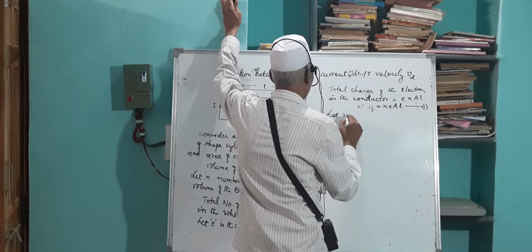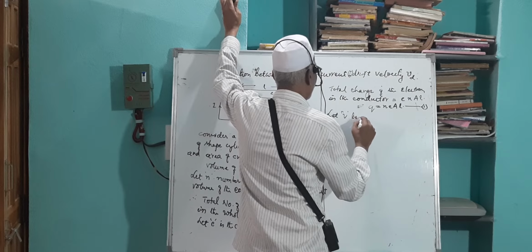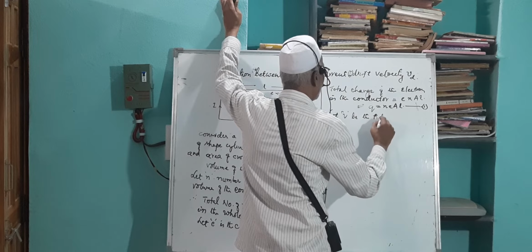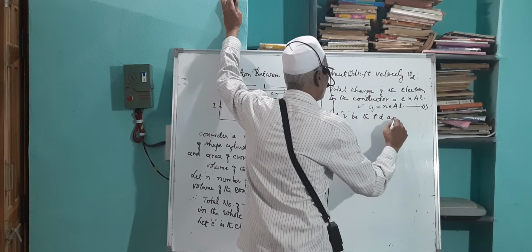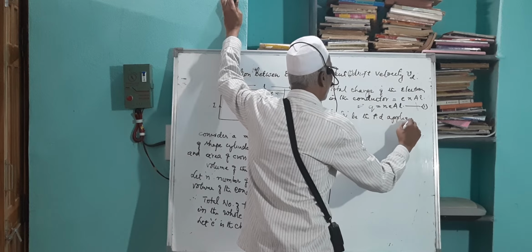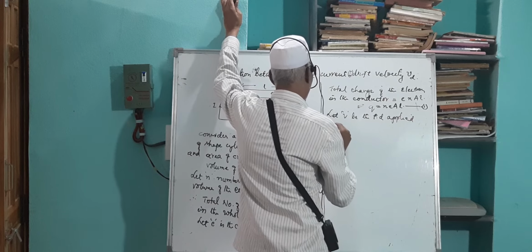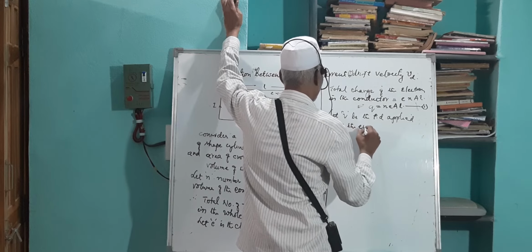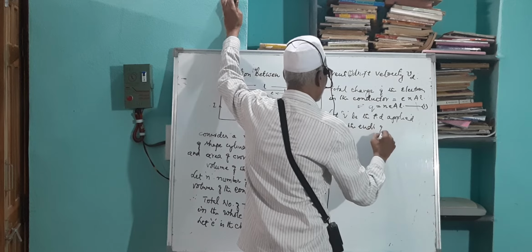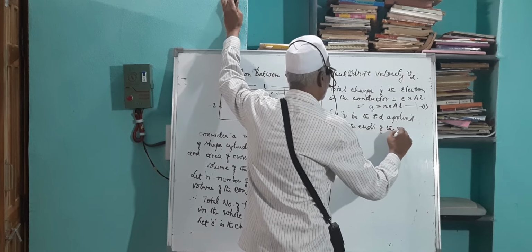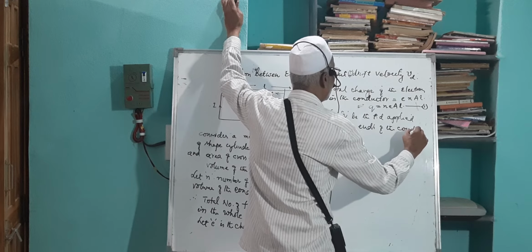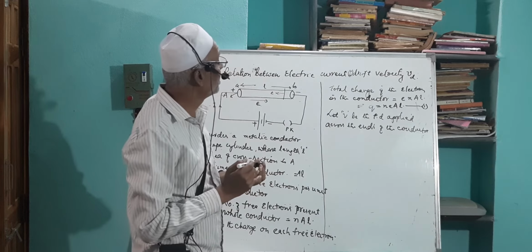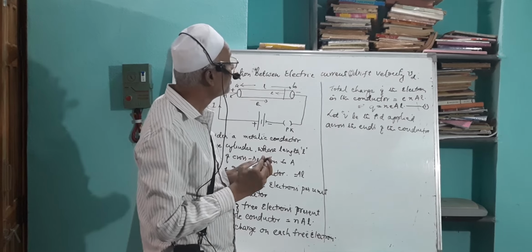Let V be the potential difference (PD) applied across the ends of the conductor. If this is the case, what happens?